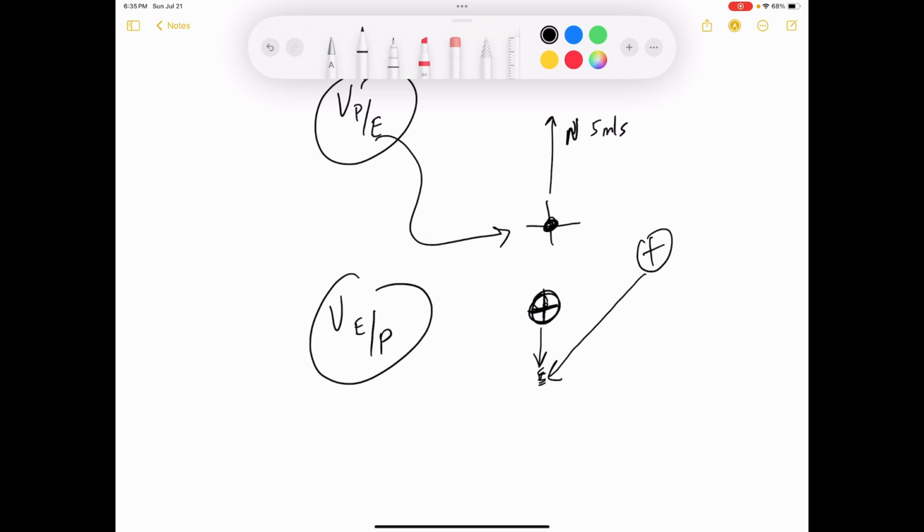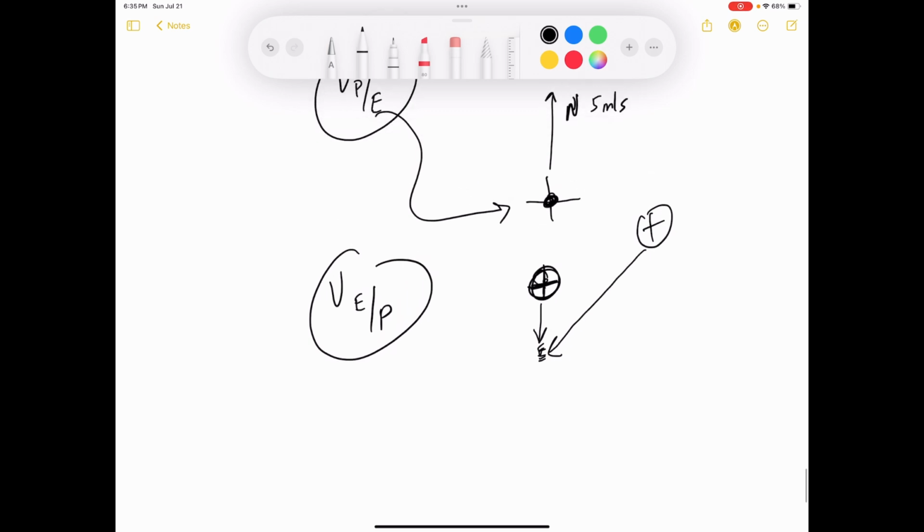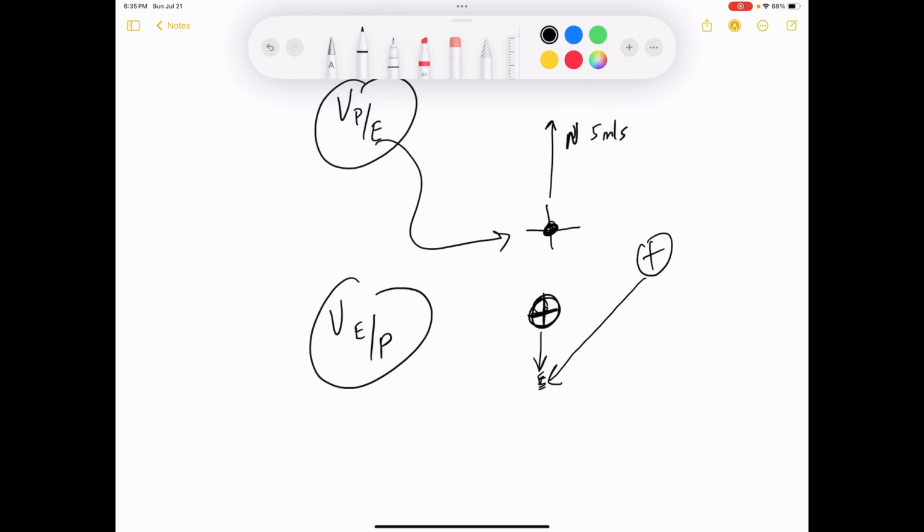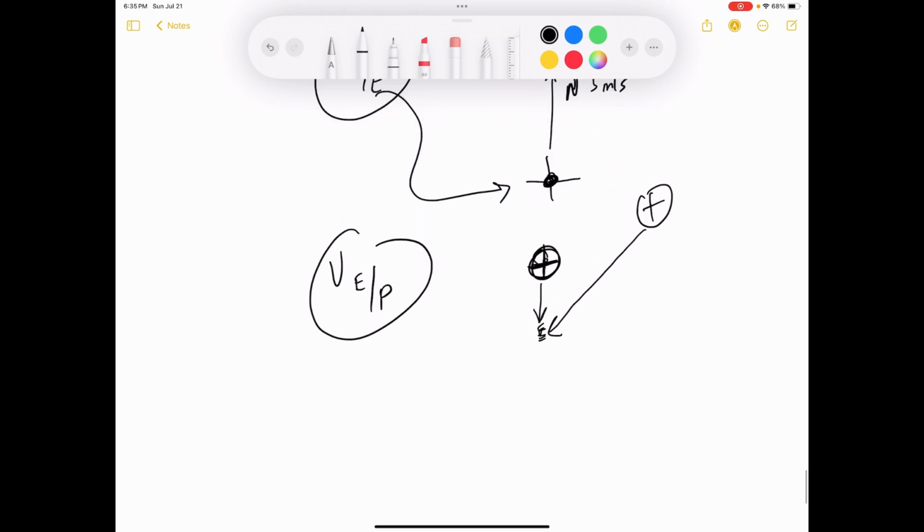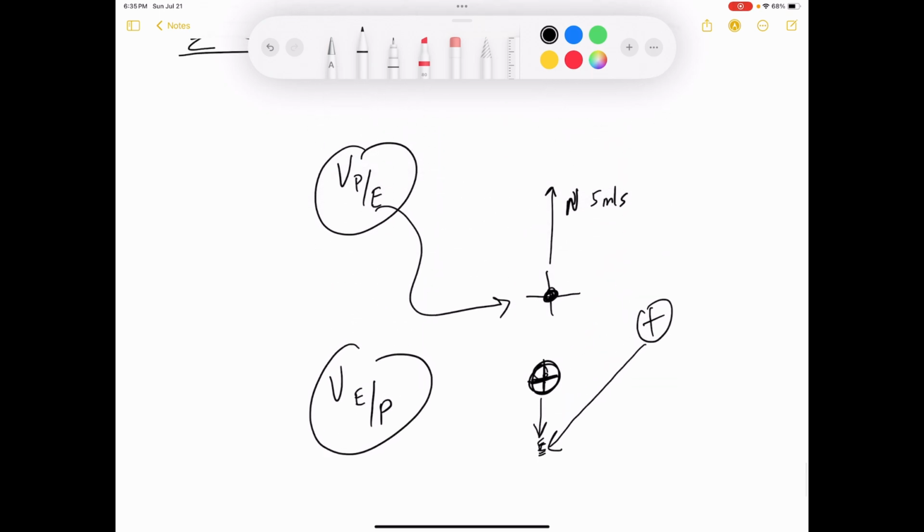Now, a quick way to reverse these arrows is to just reverse the vector. So when I had the velocity of the person relative to Earth, you could simply flip it around. At any time you can say, I just want to flip it. So instead of looking like this, you could have it look like this. It's still 5 meters per second, still the same magnitude. It's just that the direction is the opposite.